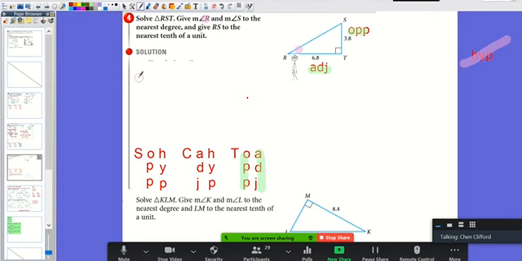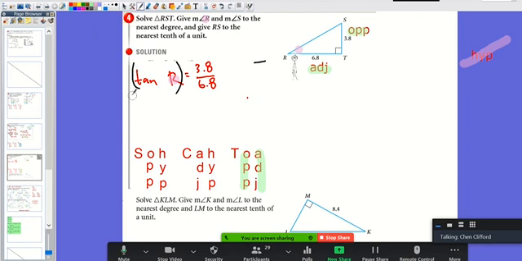Okay, so tangent of R is going to equal 3.8 over 6.8. Okay. Now, how do you get R by itself in this case? Pay close attention to this.